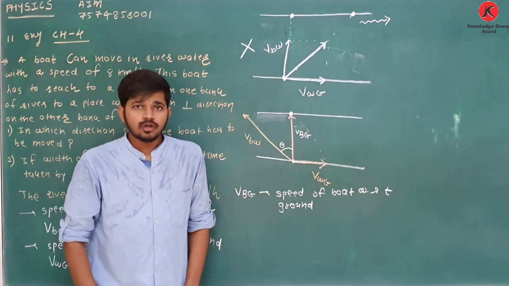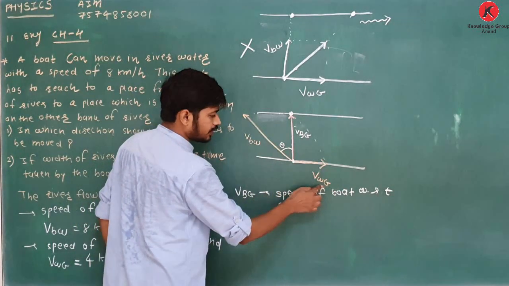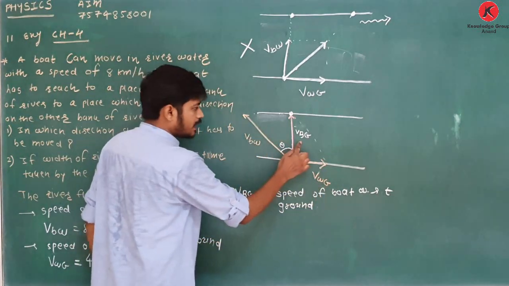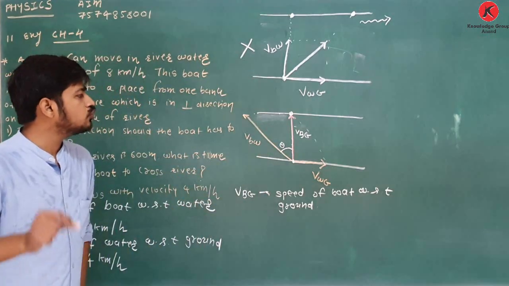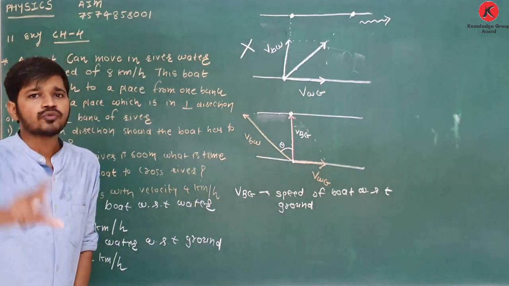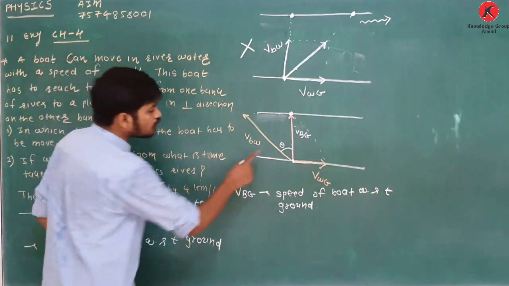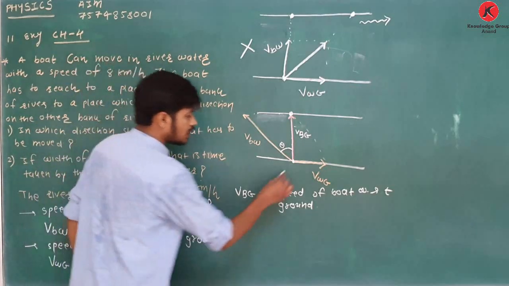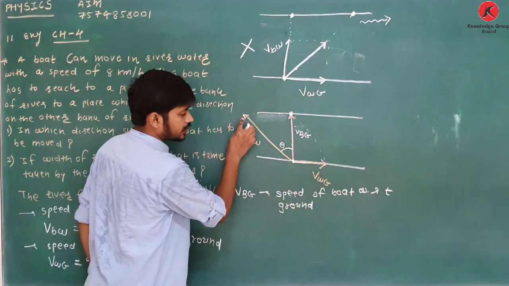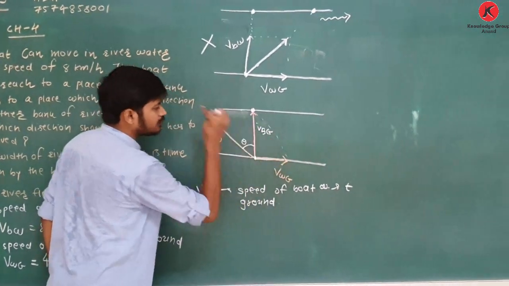Clear about this? So we are given the velocities VWG and VBW, and the resultant is VBG. You have to find this angle theta. How to find this angle theta? See here. First of all, what is the relation between these three vectors? If you use a parallelogram, first vector, second vector, from that common point, if you complete the parallelogram, then it is the resultant.